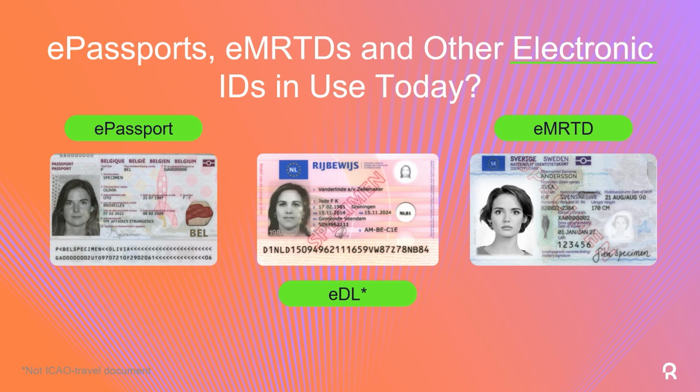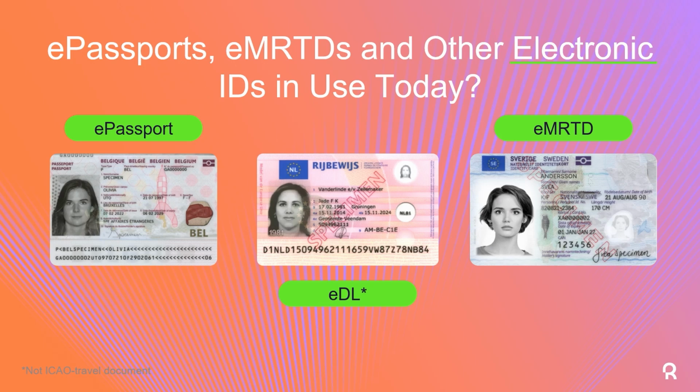Finally, electronic driver's licenses, EDLs. These are mostly used domestically and are not ICAO-compliant travel documents. Still, they can support pre-travel identity checks or airport processes, depending on the local regulation. It is important to distinguish between EIDs in general and electronic machine-readable travel documents, which are ICAO-compliant EIDs used specifically for international travel purposes.